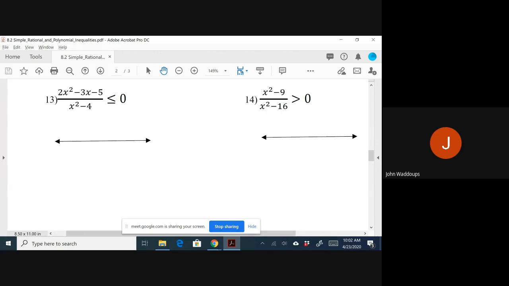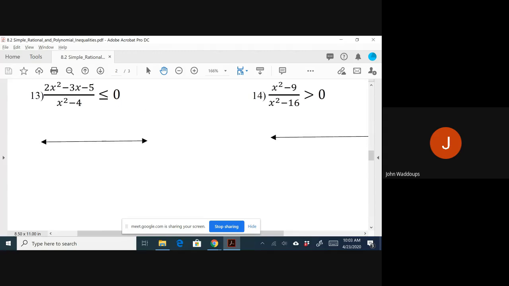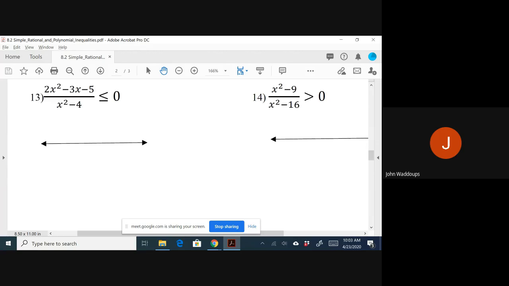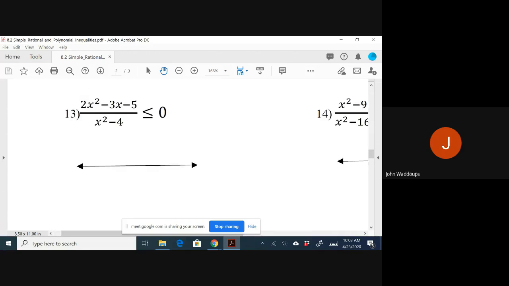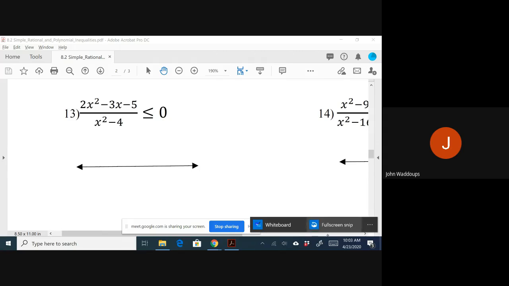Okay, on number 13, this time we've got a leading coefficient of 2. Let me take a snip of that real quick.